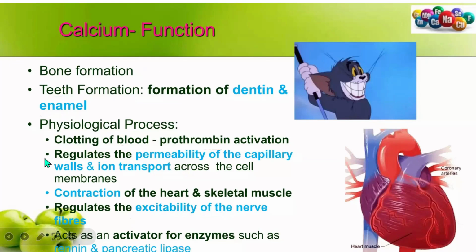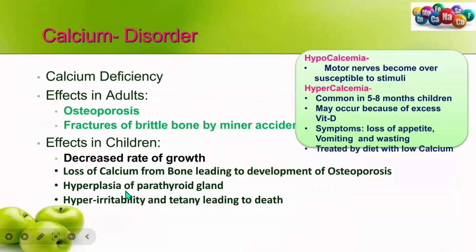So that is calcium. So what happens if there is a deficiency of calcium? What are the disorders? It affects adults. For one, there is a disease condition called osteoporosis.